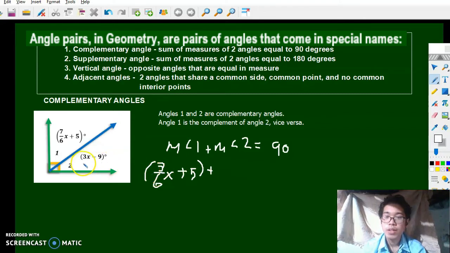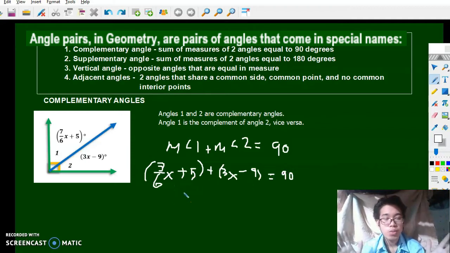And also we have here 3x minus 9 degrees. We're going to equate that to 90 degrees. So now we have an equation: 7 over 6x plus 5 plus 3x minus 9 is equal to 90 degrees.